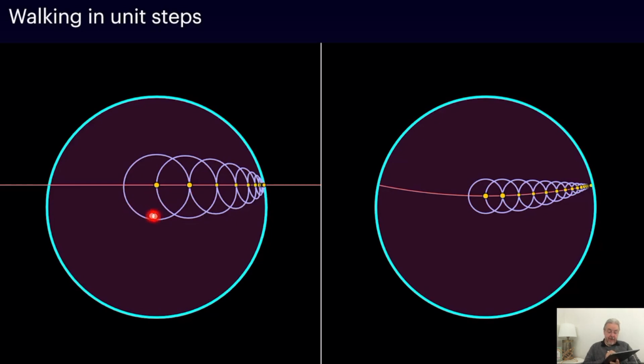So here I have in the Beltrami Klein model circles of all the same size, and so you see, they get more and more squeezed towards the boundary. And here I have the corresponding circles in the Poincare picture, and what you observe here is that you have way more space in that picture.